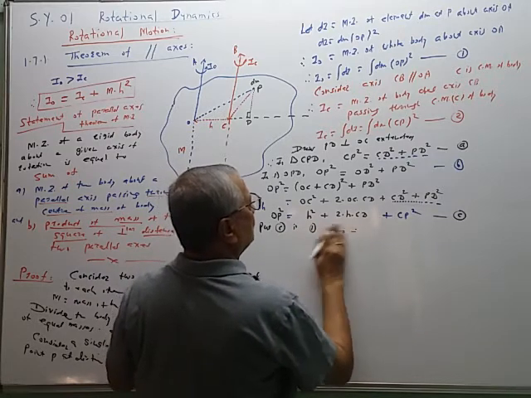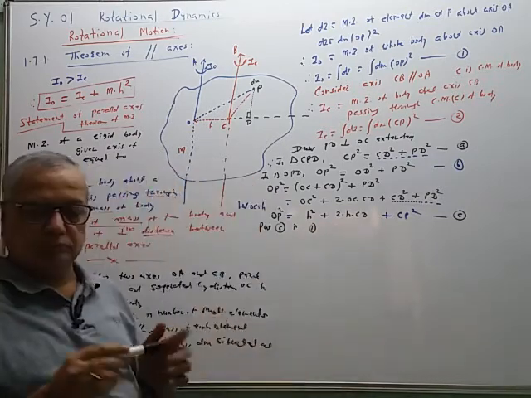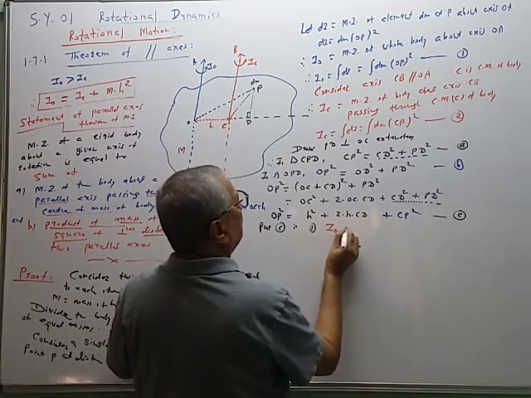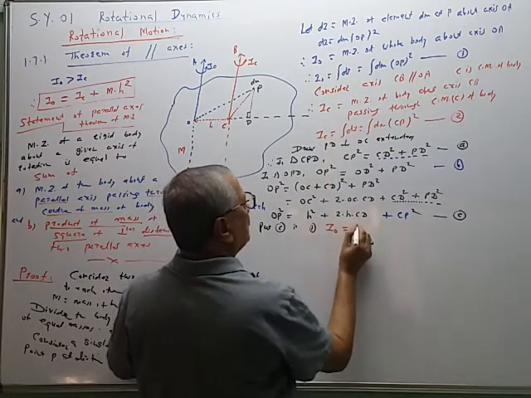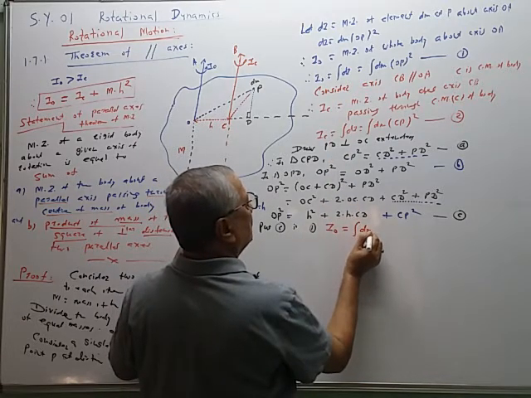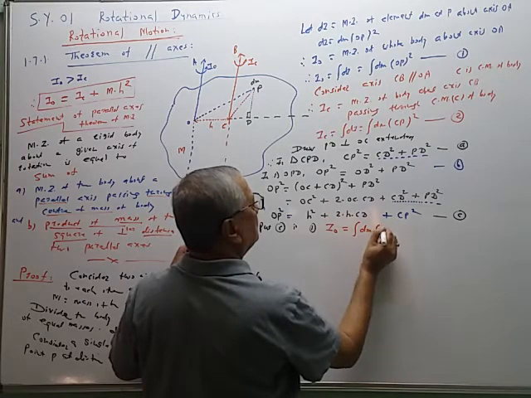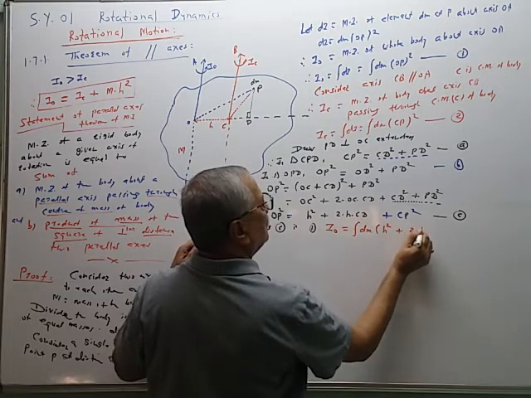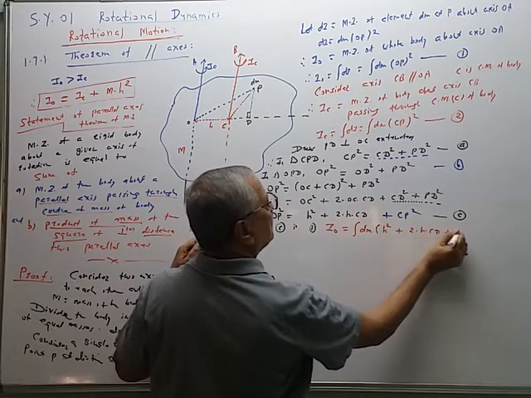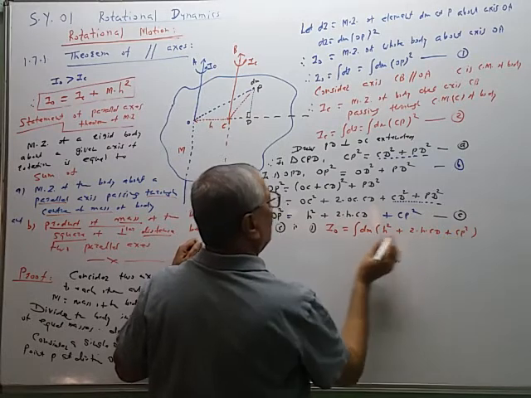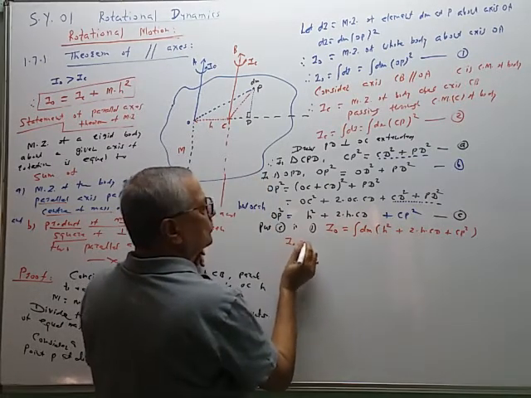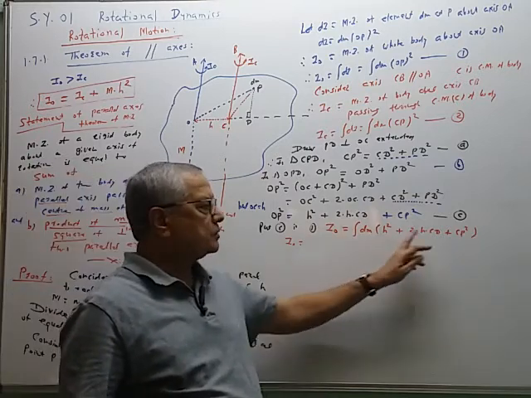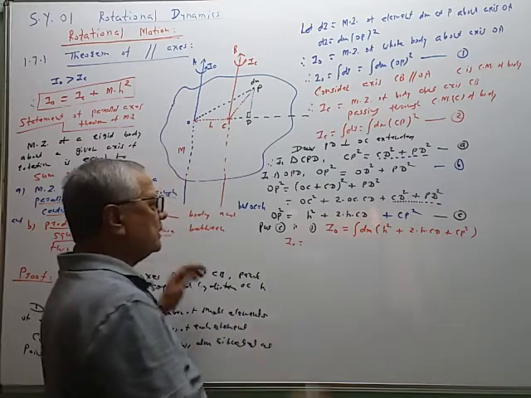Therefore IO is equal to the integration of dm into h square plus 2 h into CD plus CP square. Now open the bracket. Integration of sum is equal to sum of integration, so we have to take 3 integrations.